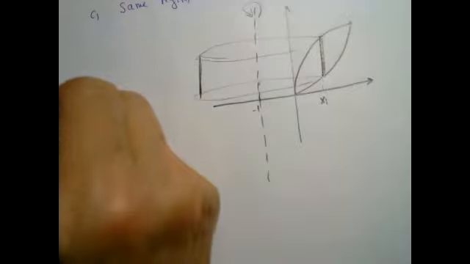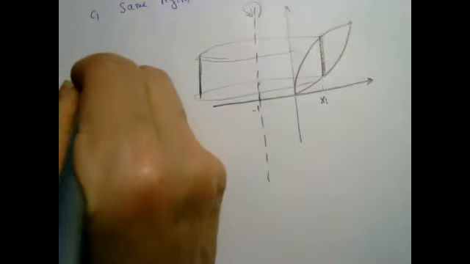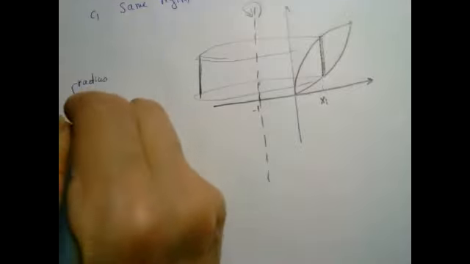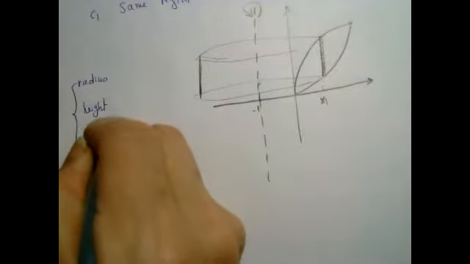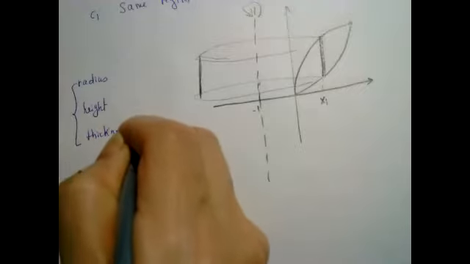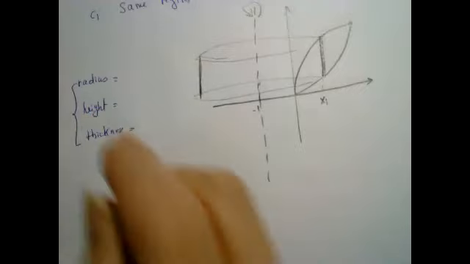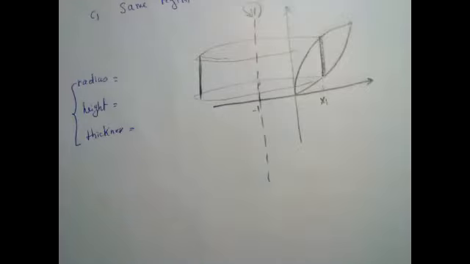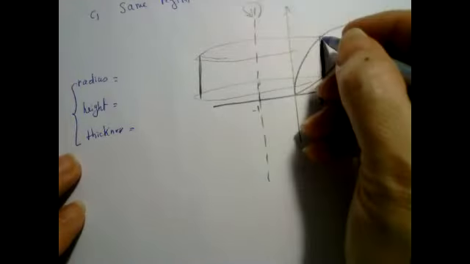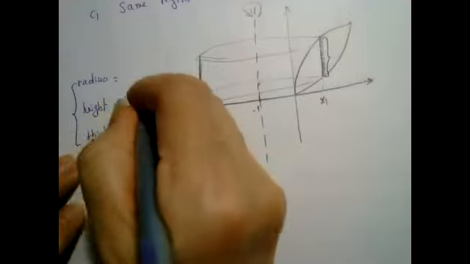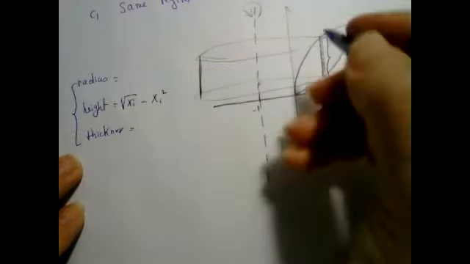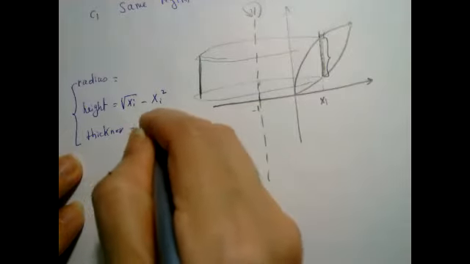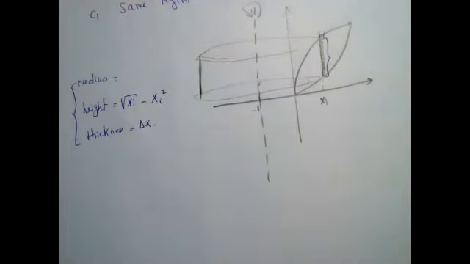And to finish the problem, we mainly have to figure out the little pieces of the shell. The height hasn't changed. That's the height. So the height is the upper curve minus the lower curve. The thickness hasn't changed. It's the little delta x. It's the radius that we basically have to figure out.